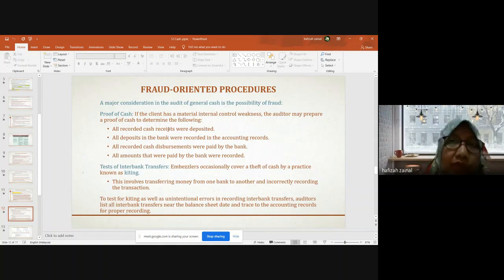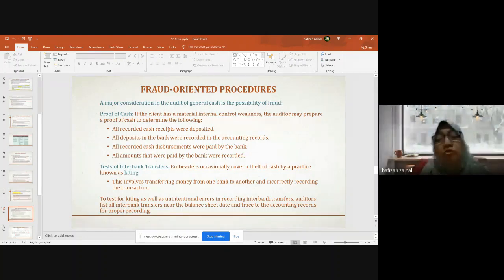We can do this during the audit, or we can also do this during the stock count time. Some companies do it during that time because the business is temporarily stopped, so they can audit how the petty cash is being handled.